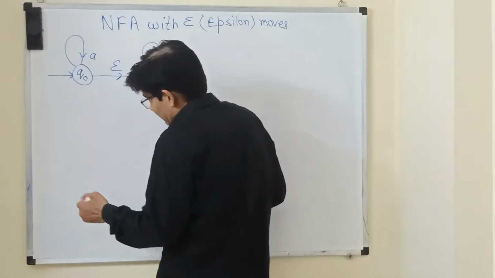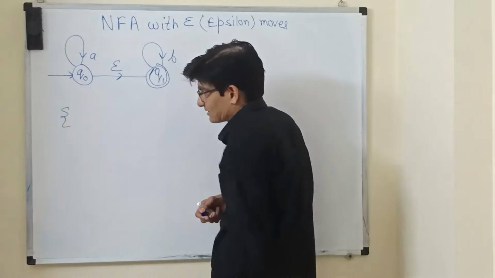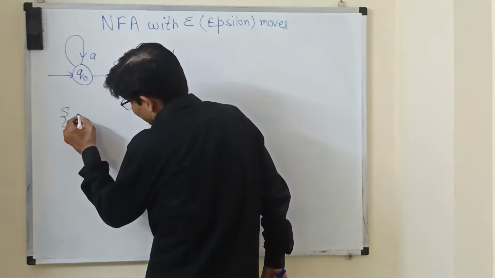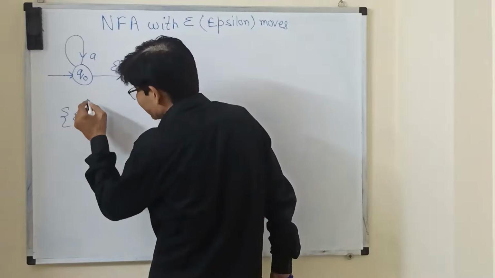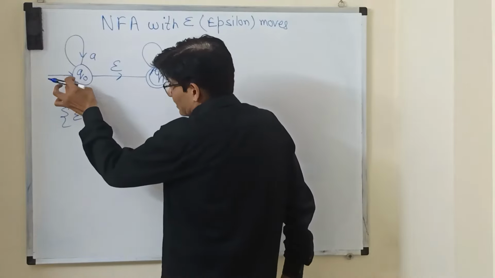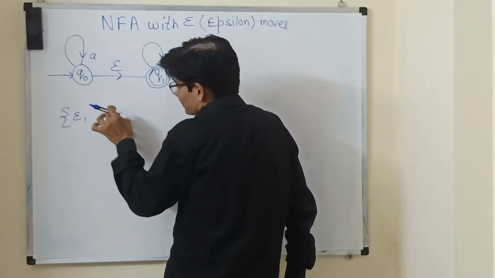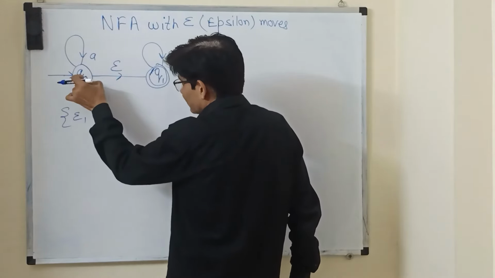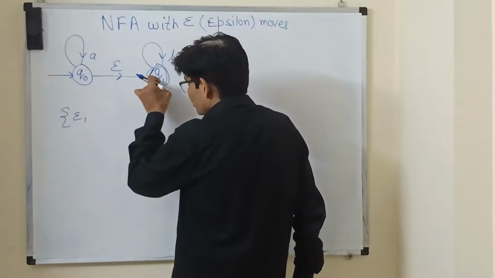And if I represent this language as a set, I can have epsilon because it can accept epsilon. This is a final state, and without taking any input, with the epsilon transition, it can move from Q0 to Q1.